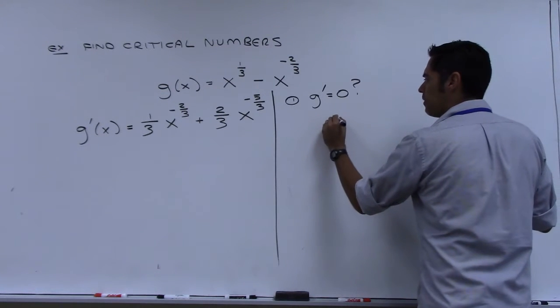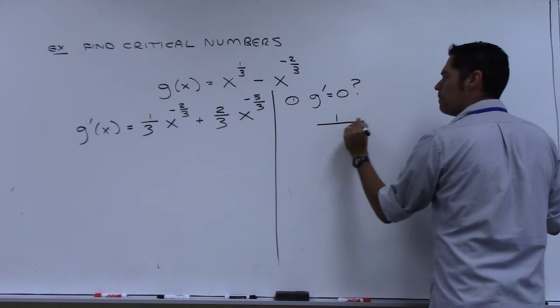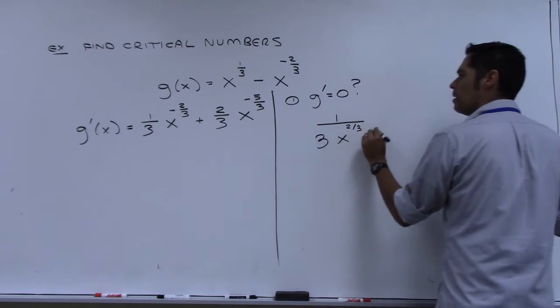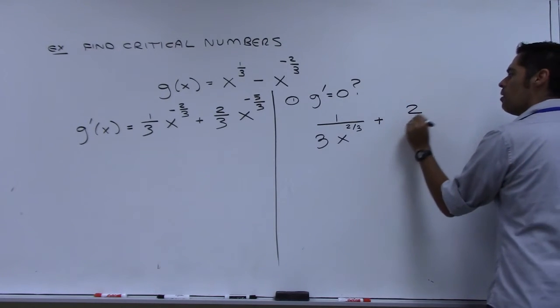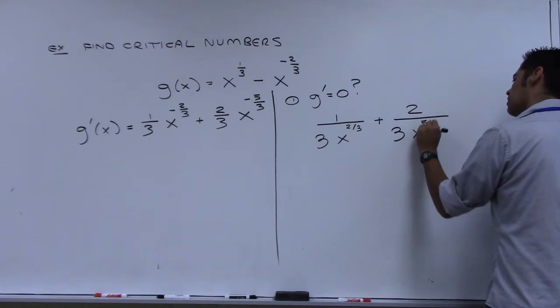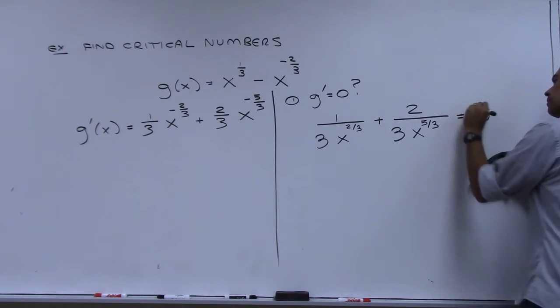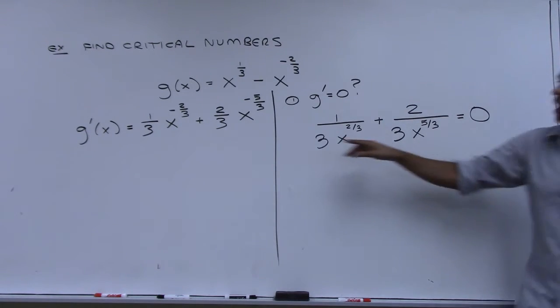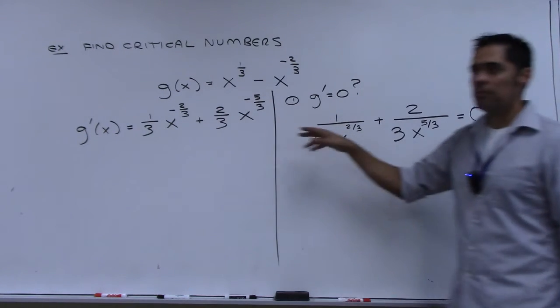So I'm going to write this a different way. 1 over 3x to the 2/3 plus 2 over 3x to the 5/3 equals 0. Do you all agree that's the derivative? I just kind of dropped my exponents down.